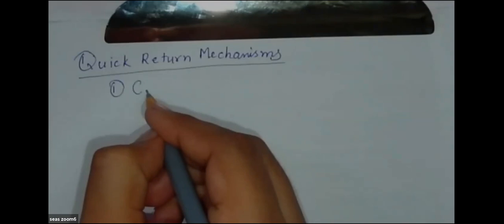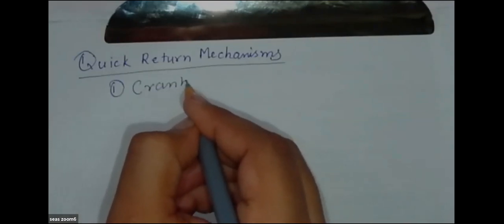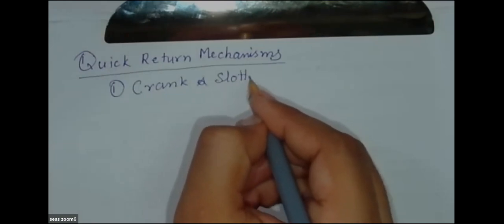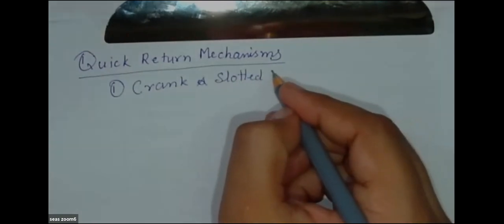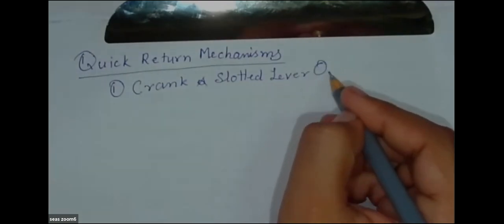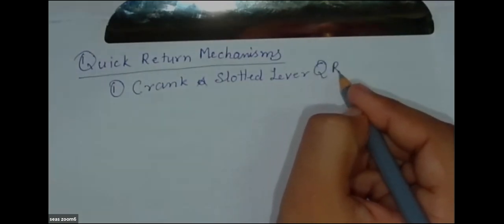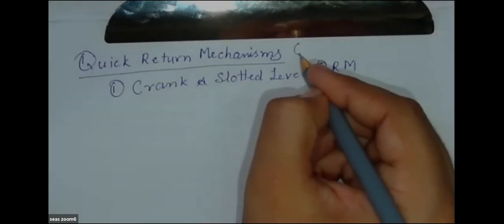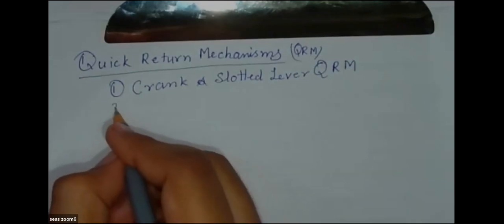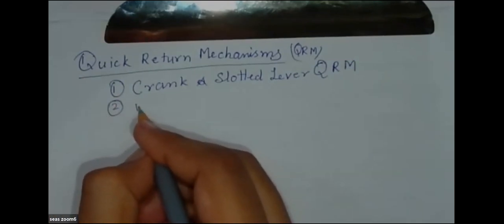One is the crank and slotted lever quick return mechanism, and the other one is the Whitworth quick return mechanism.